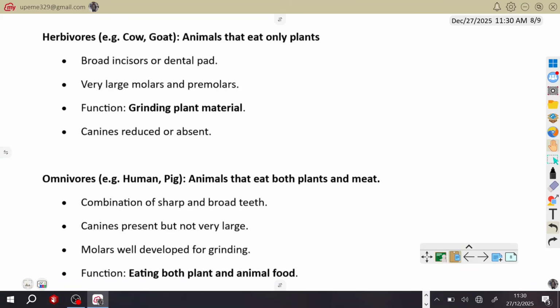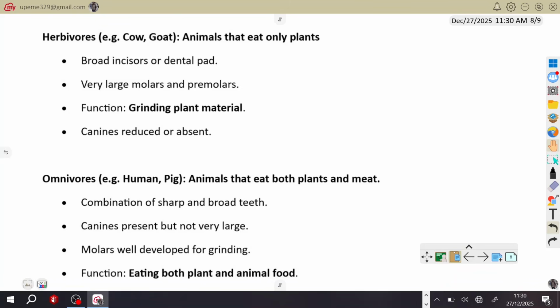Function: why do they have broad incisors, and very large molars and premolars? That is for grinding plant material, because their nutrition is based on eating plants, and plants have to be ground very nicely before they are swallowed for proper digestion.